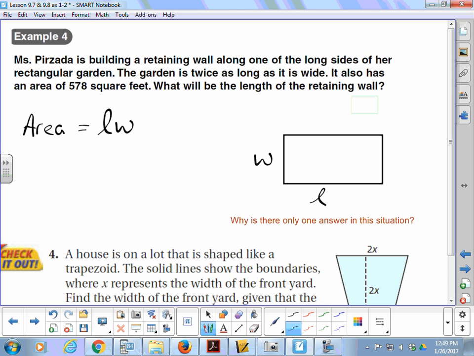Right. So what do we know about the length, the comparison of the two? Josh? Okay, so L is equal to 2W. So we'll plug in what we know. We know the area is 578.